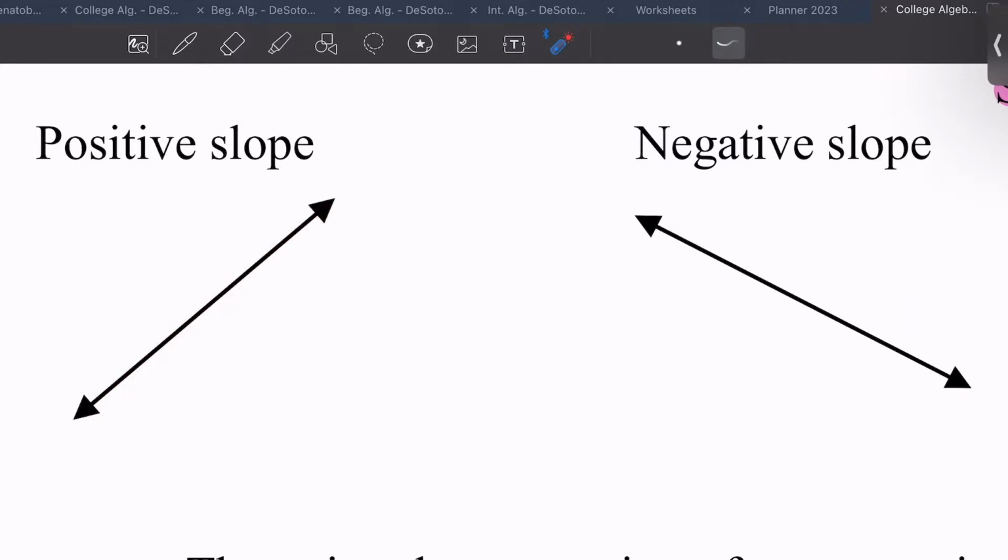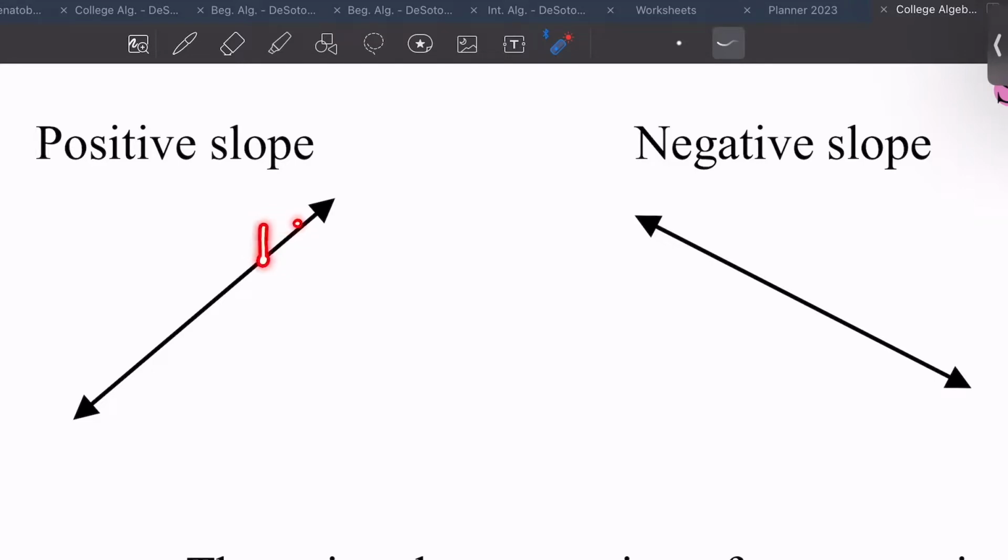You're going to have a positive slope whenever you make two positive moves with your rise and run, or two negative moves with your rise and run. A positive times a positive is a positive, and a negative times a negative is a positive. So if I'm right here, I'm either going to go up, which is positive, to the right, which is positive, and keep going.